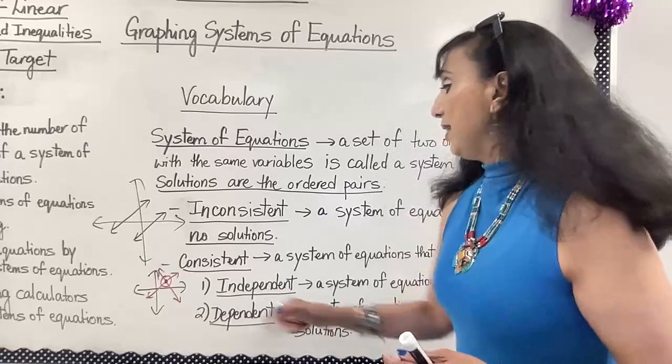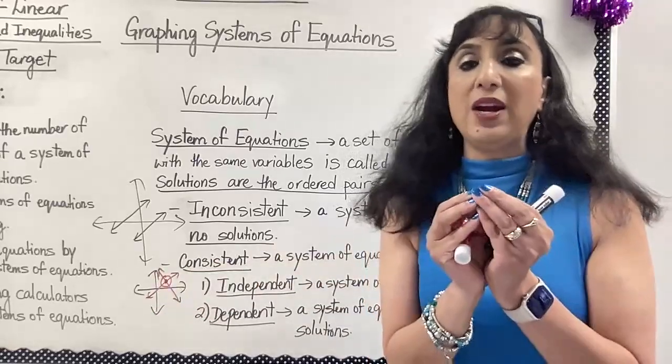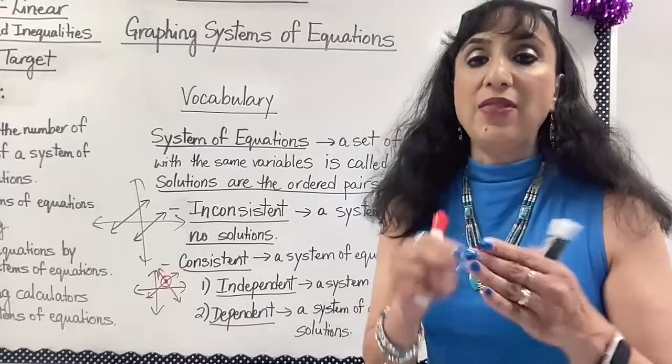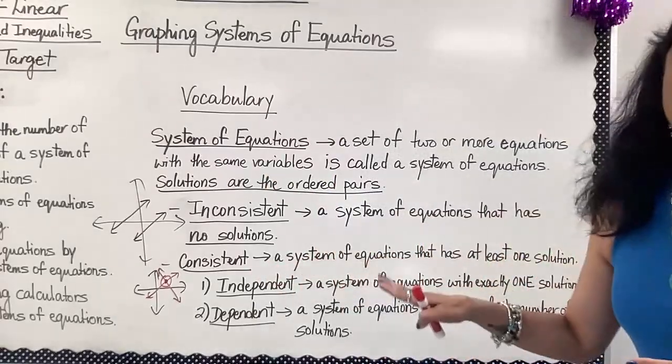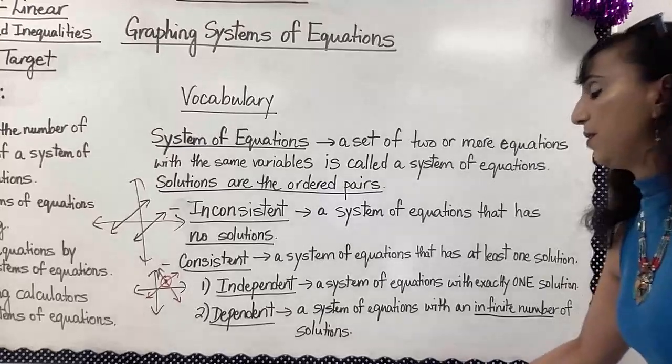That is why it has exactly one solution. Where the graphs intersect, the ordered pair is exactly the same for both lines, and that point is the solution of a consistent independent system of equations.